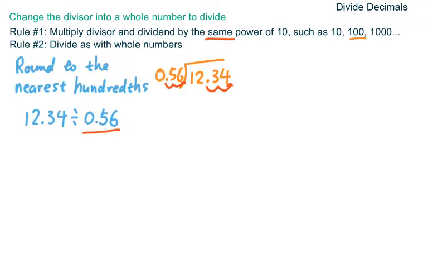And we are essentially dividing 1,234 by 56. So 56 doesn't go into 1, 56 doesn't go into 12, but we can divide 123 by 56.